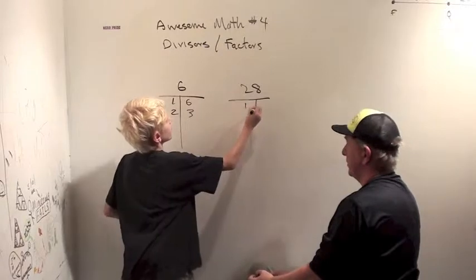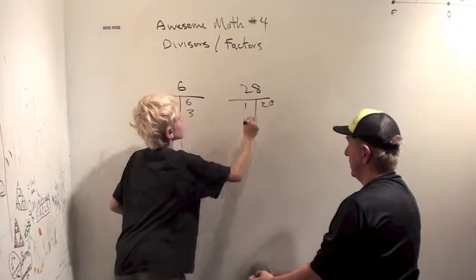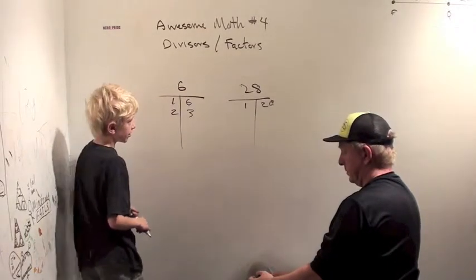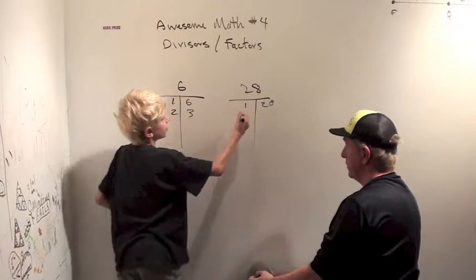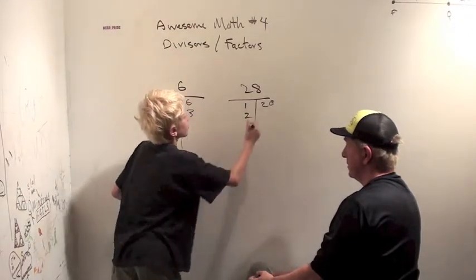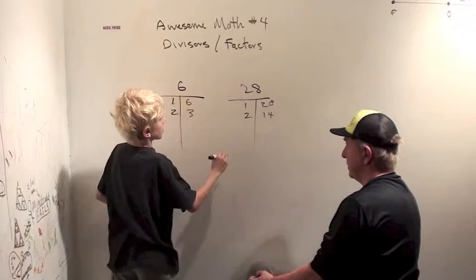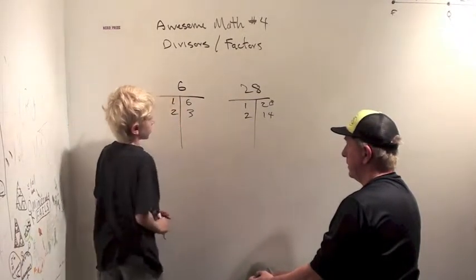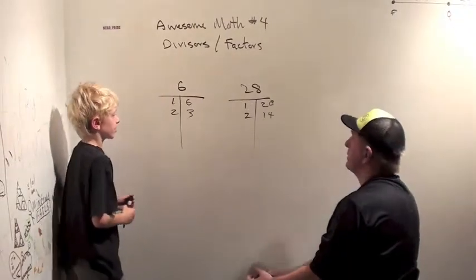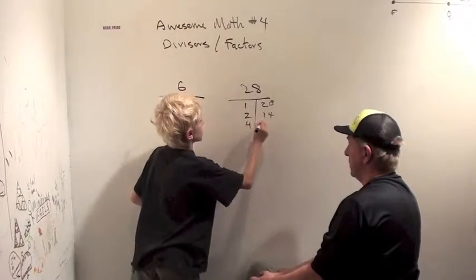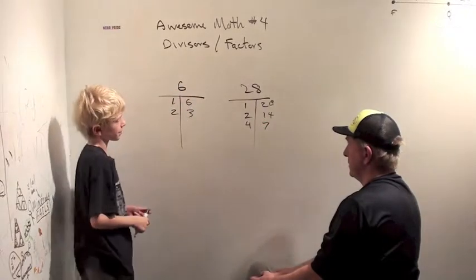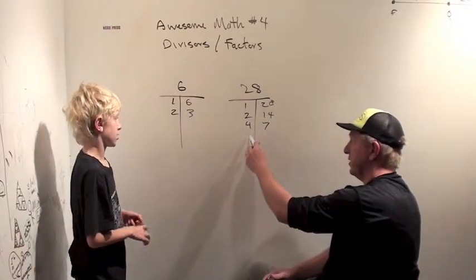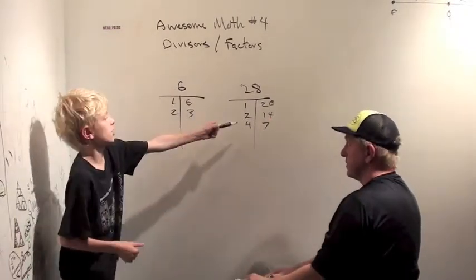Well, it's 1, 28, and 2, 14, and then it's not divisible by 3, but by 4, it's 4 times 7. I think that's it, because 5 doesn't go in and 6 doesn't go in. And then there's 7.